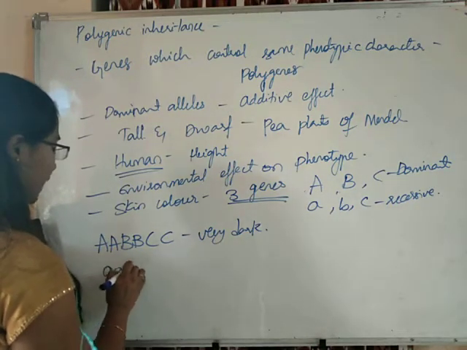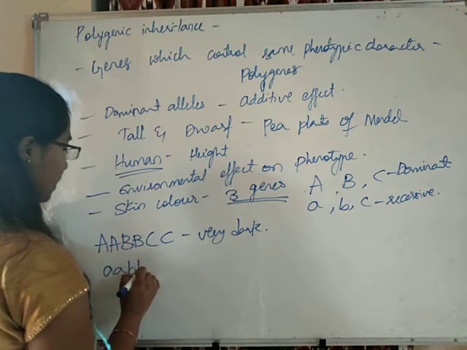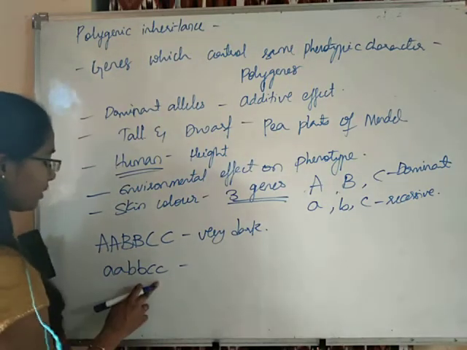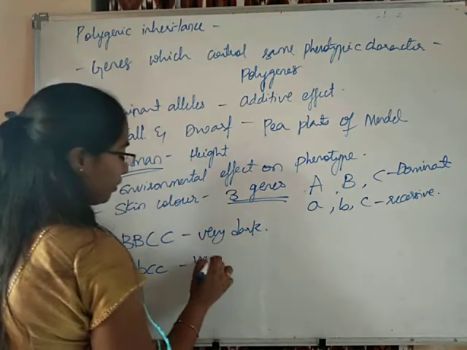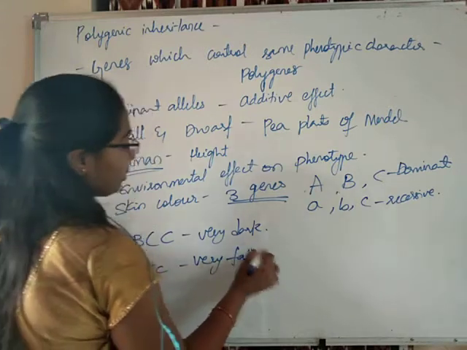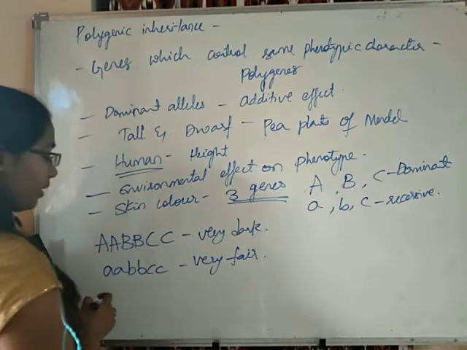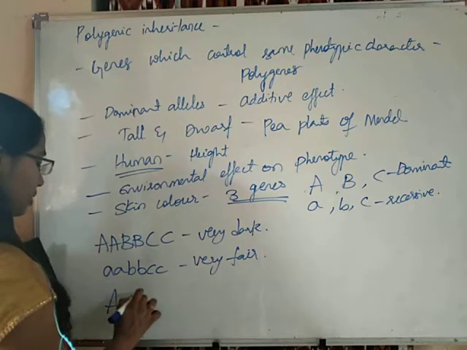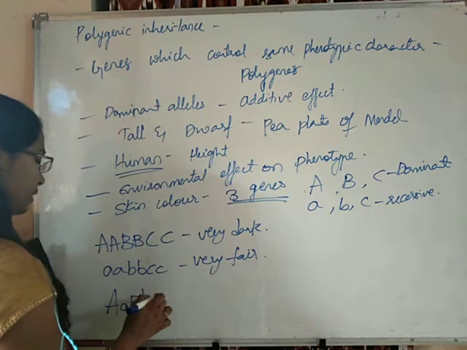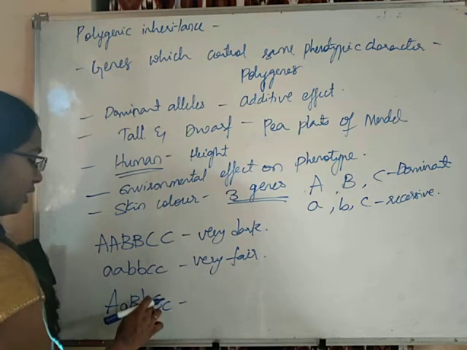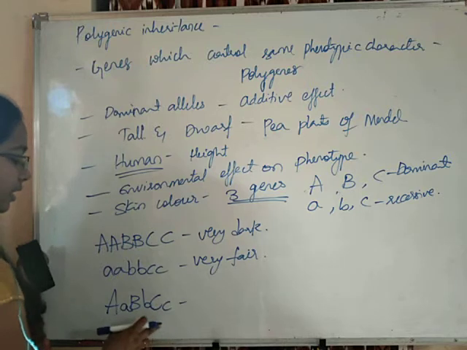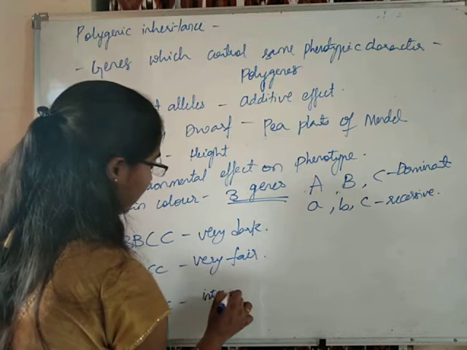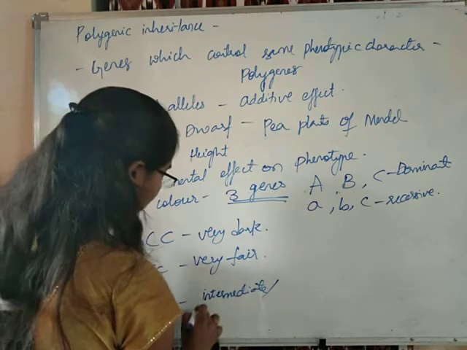If all the alleles are small, all recessive, then the person is going to appear very fair. If there is an exactly intermediate condition, capital A, small a, capital B, small b, capital C, small c, then the individual will have an intermediate or moderate color.